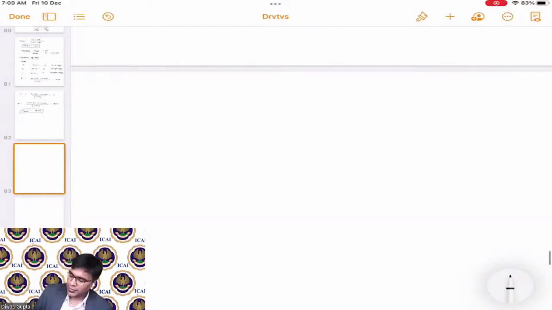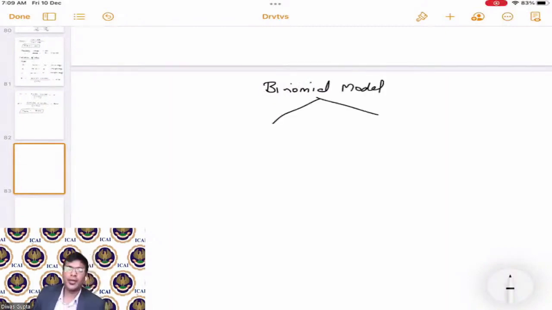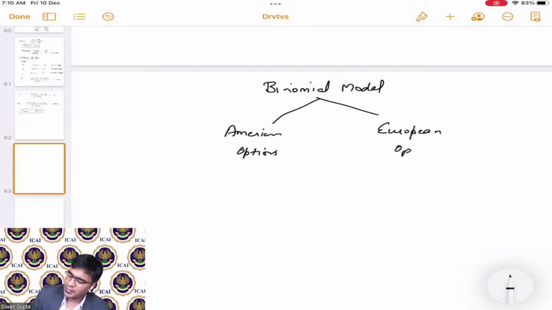So now there is a question that comes to our mind, that the binomial model is actually relevant for both types of options, American options and European options. Why am I saying this?